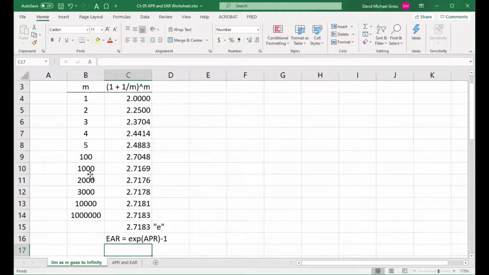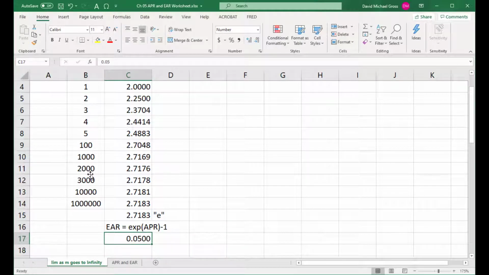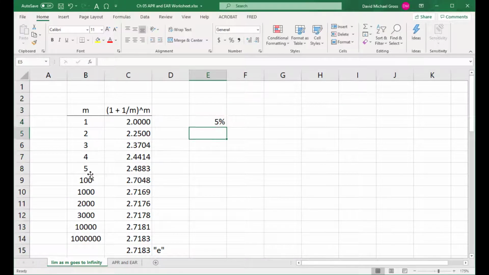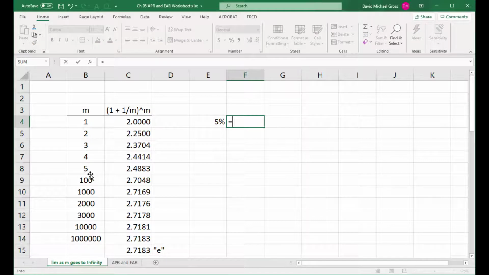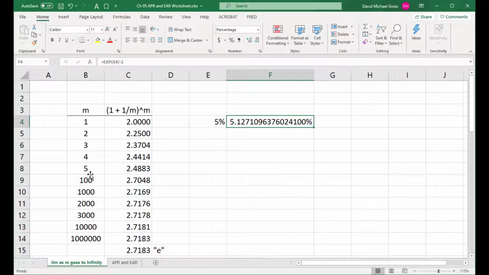So for example, if 5% is going to be continuously compounded, that's going to equal EXP(0.05) minus 1, and I'm going to have 5.1271%.